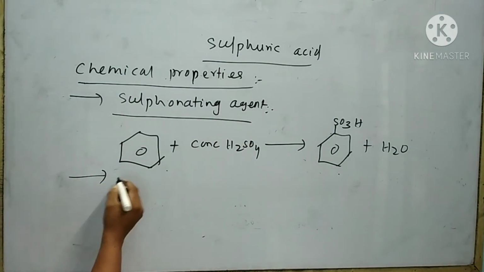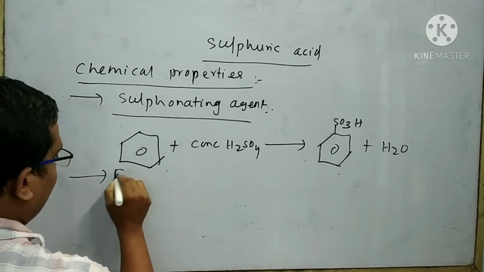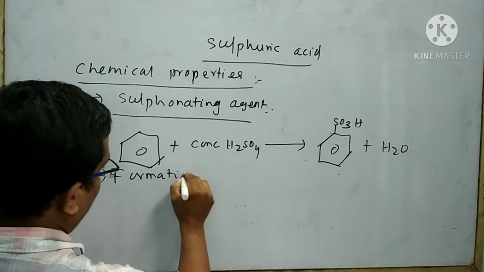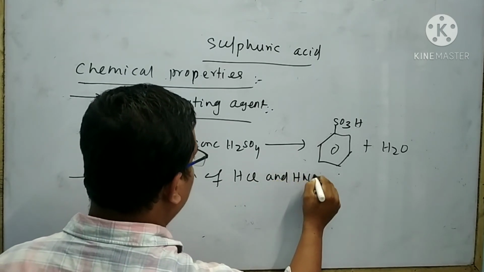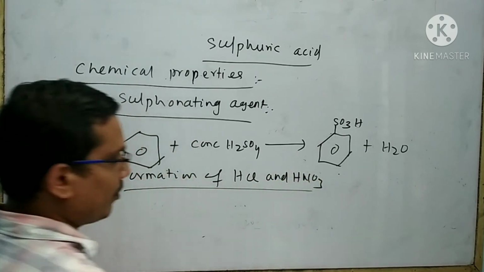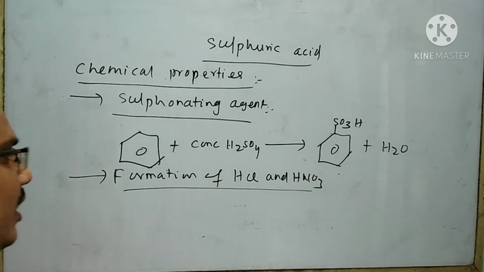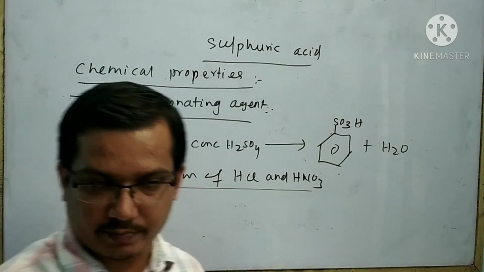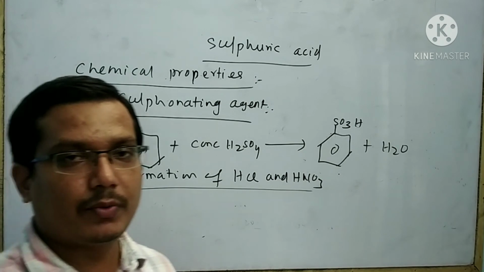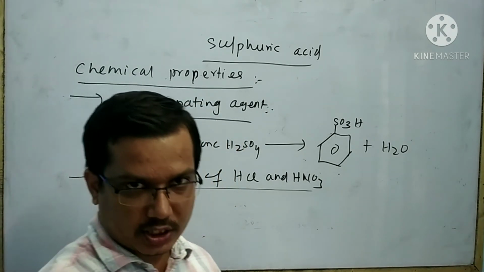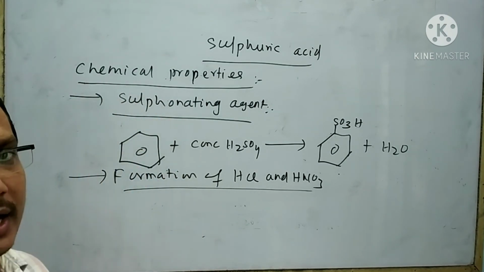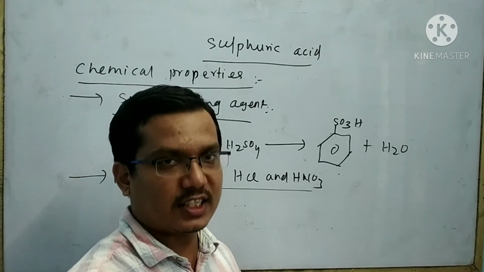Next, I will explain the other chemical property, formation of HCl and HNO3. H2SO4 is less volatile than HCl and HNO3. So, H2SO4 is used for the preparation of HCl and HNO3 from chloride and nitrate salts respectively.